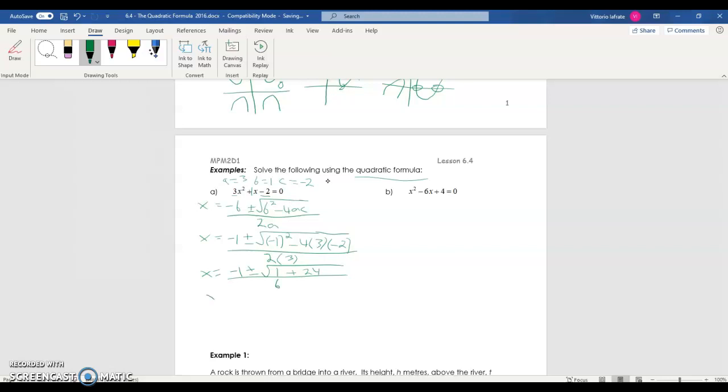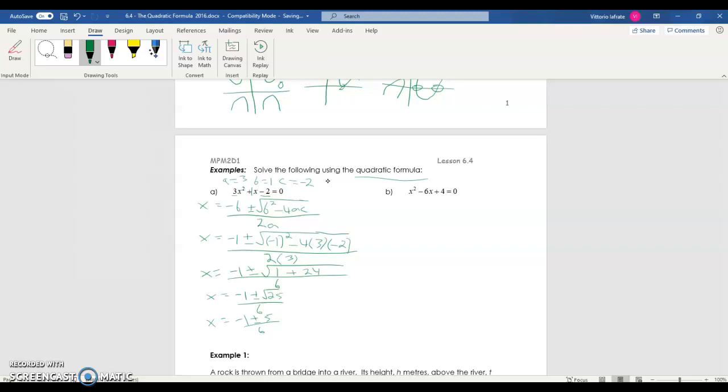And then that gives us x is equal to minus 1 plus or minus square root of 25, all over 6. And that will give us x is equal to minus 1 plus or minus 5, all over 6.